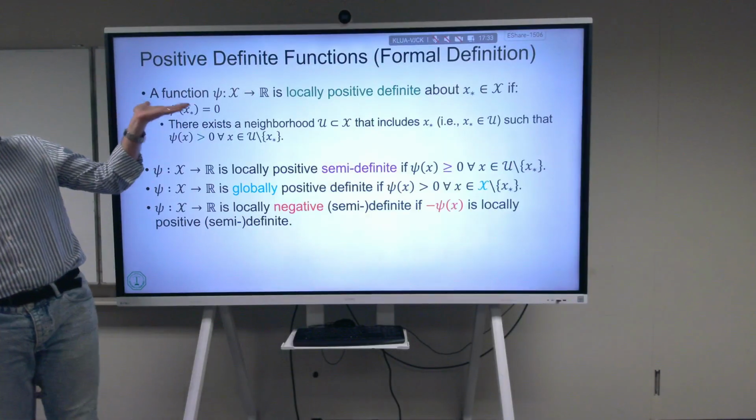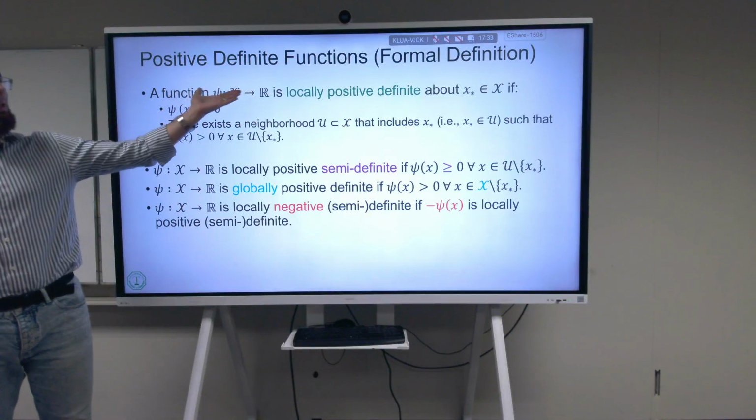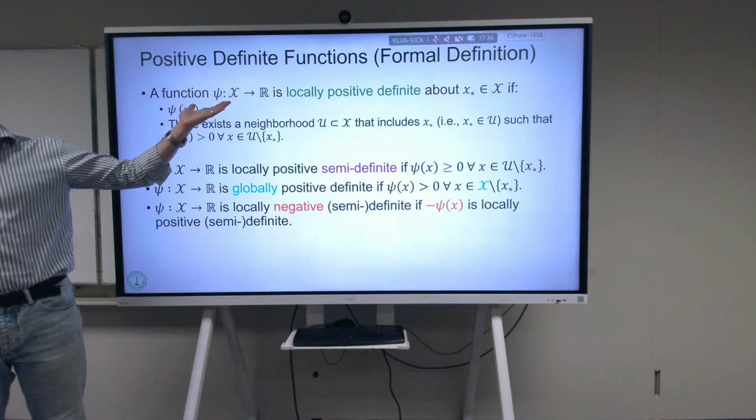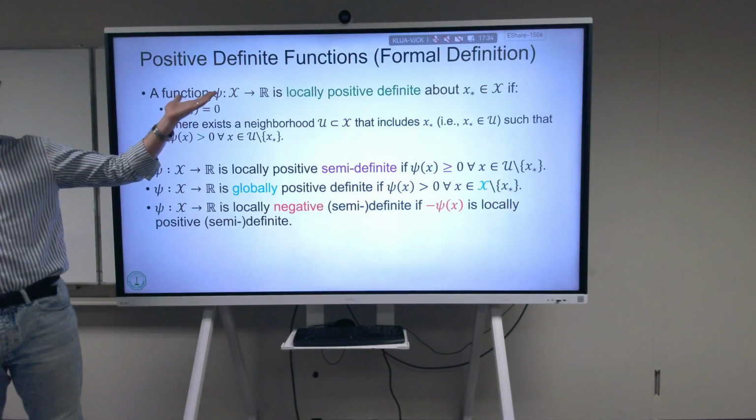A function psi that eats x and gives you R. So it's a scalar function. It eats a point on the manifold and gives you a real number.